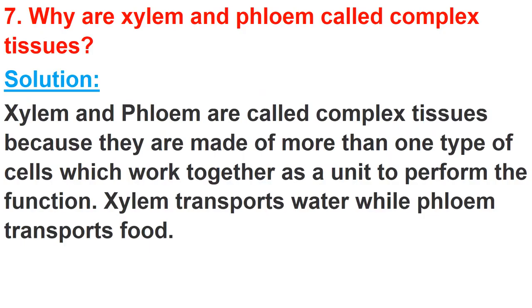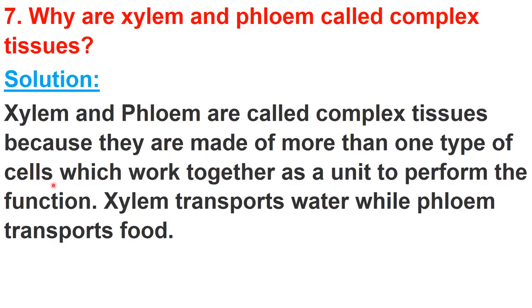Now let's discuss the answer of question number 7 of NCERT that I gave as homework in the previous lecture. The question is, why are xylem and phloem called complex tissues? As you know, xylem and phloem are made up of many types of cells, right? They are called complex tissues because they are made up of more than one type of cells, and I hope you remember the names of all those types of cells present in xylem and phloem.